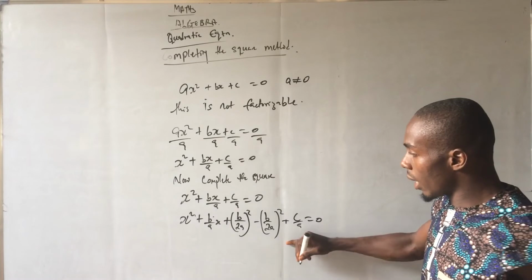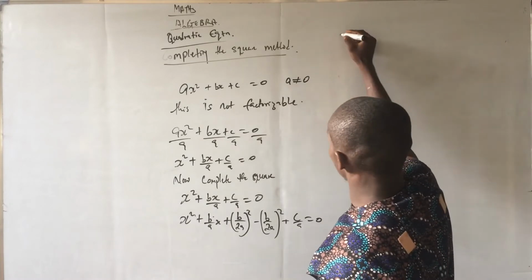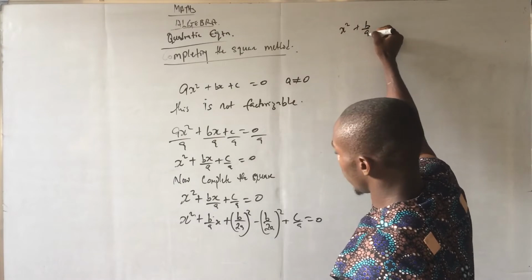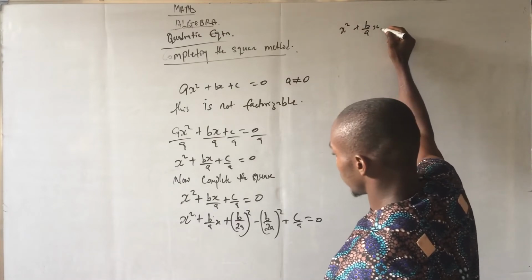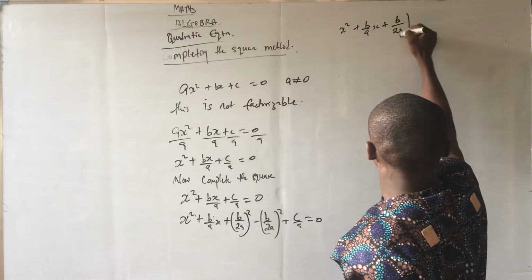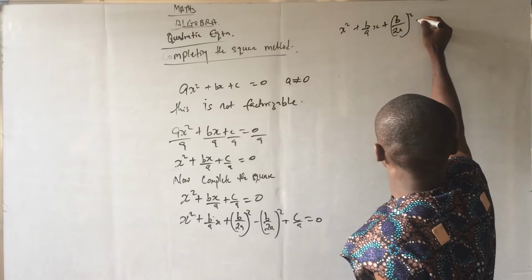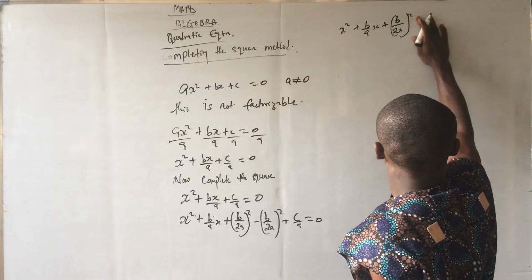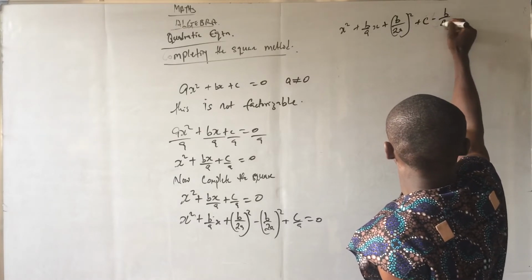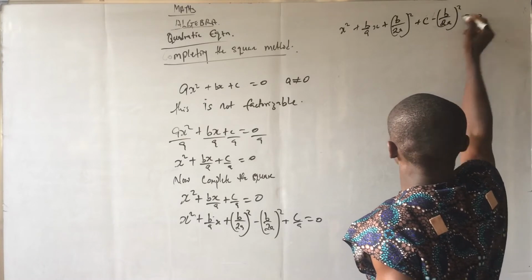From here I will continue. I'll say x raised to the power 2 plus b over a x plus b over 2a raised to the power 2 plus c minus b over 2a raised to the power 2 is equal to 0.